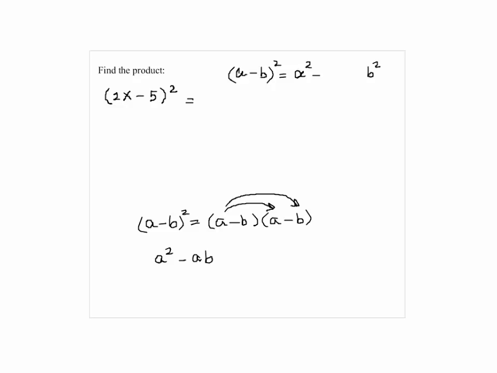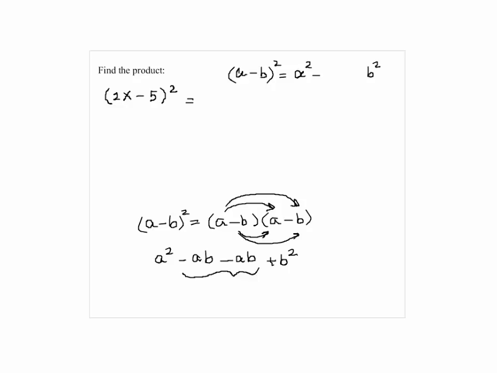If you take the second term, you get another minus ab. And then that gives you plus b squared. So when you combine like terms, what do we get here?